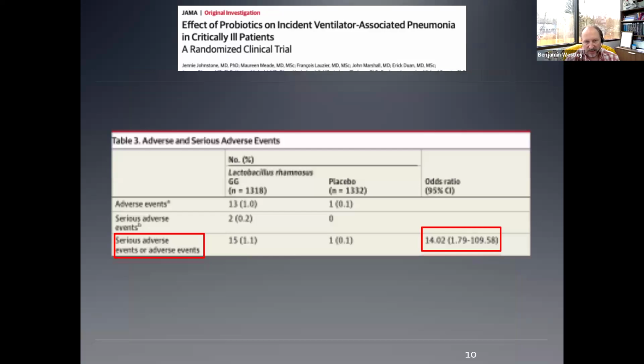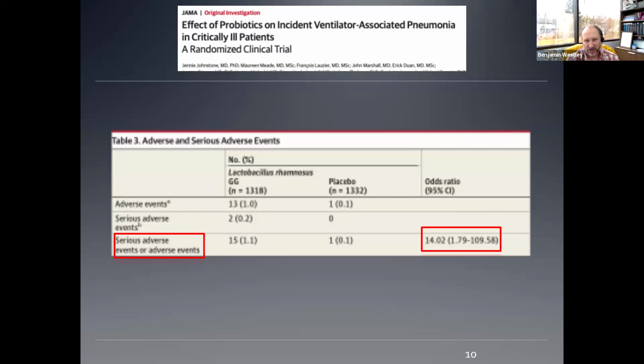But concerningly, what they did show is a 14 odds ratio, so about a 10 times risk of culturing lactobacillus out of a sterile body site in patients in the ICU.